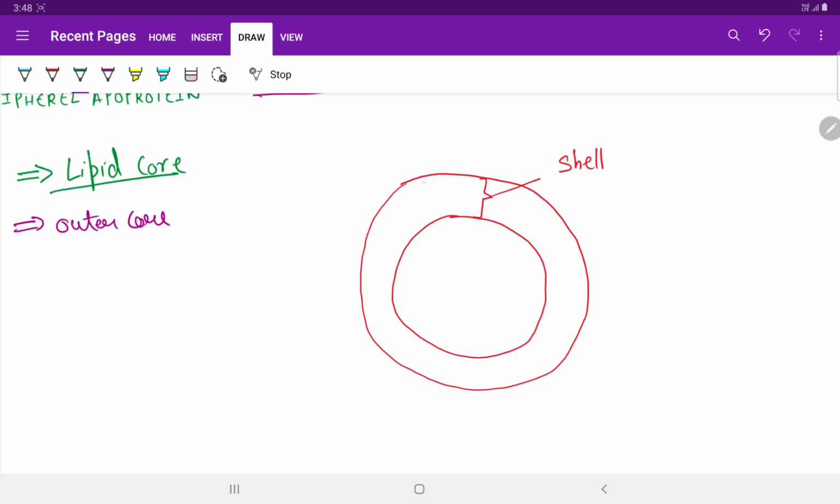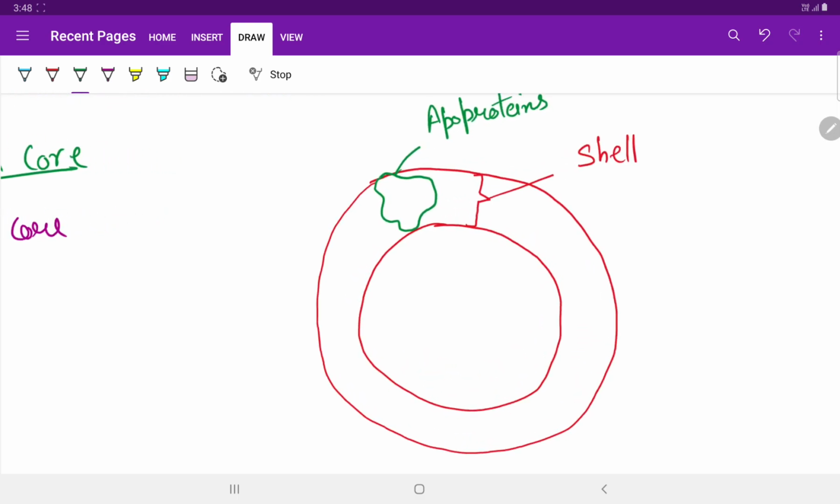Now first let us construct the structure for apoproteins. These are apoproteins. Then along with the apoproteins it will constitute the phospholipids. The hydrophilic ends will be on the outer side. So these are phospholipids.